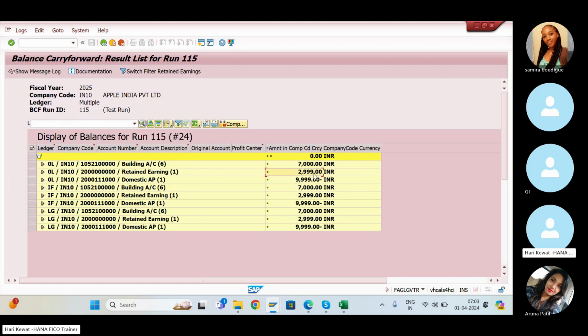This is the difference between my PNL GLs, all the expenses and all the revenue, plus minus. This is my net profit or net loss. Then AP, AR are there like this. So this is known as balance carry forward.